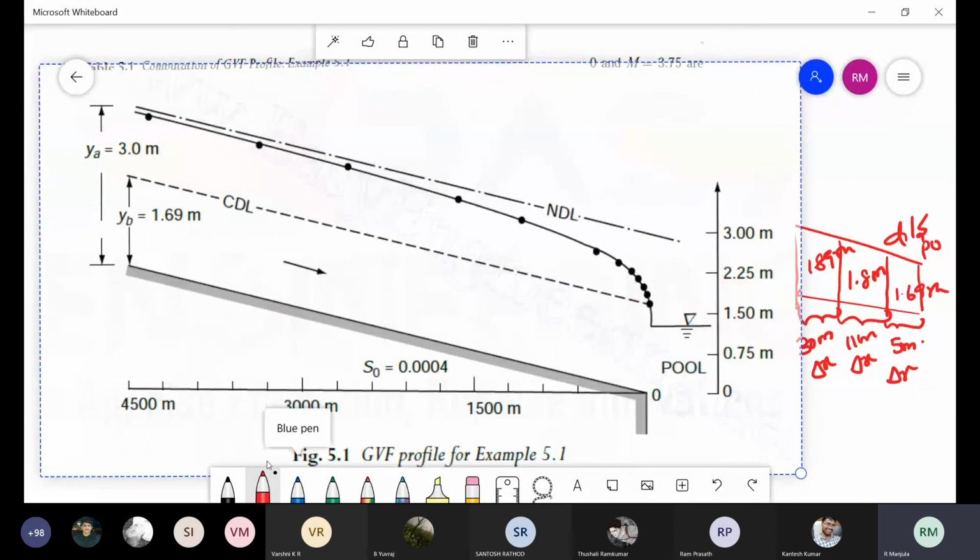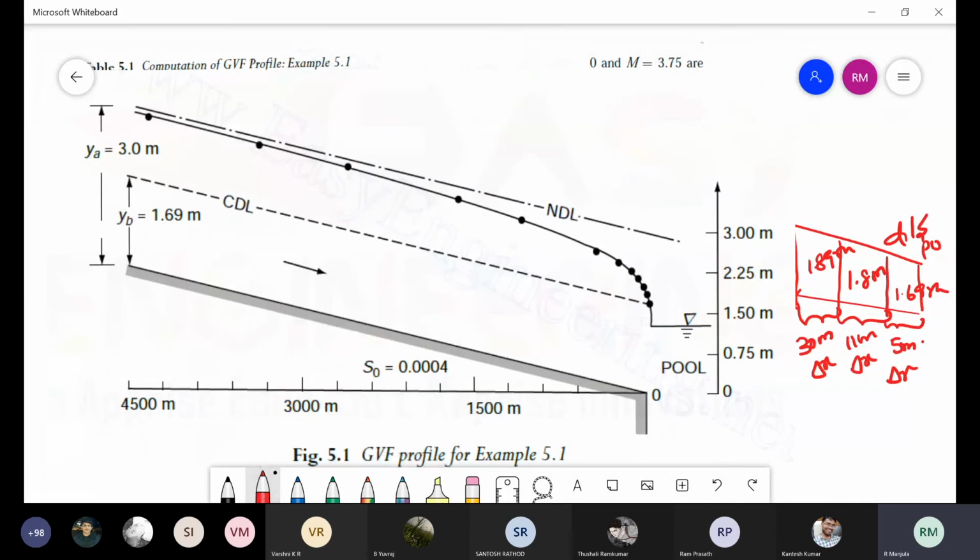So from 3 meter to the pool elevation, the pool elevation is going to be 1.69 meter. Now this is a pool. Actually there is a break here. Then you can estimate the total length. If you keep on going like this, 1.69, 1.9, the profile is changing like this.